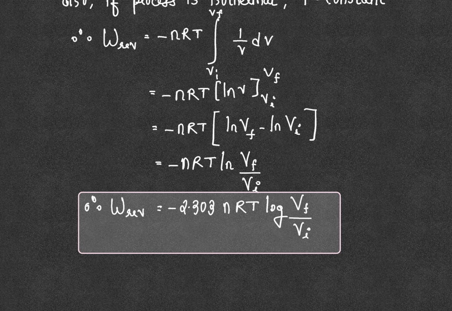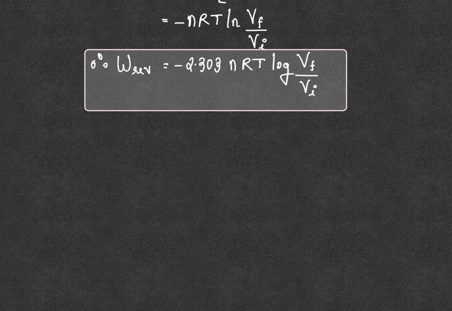So this is the first part. Pay attention. Here we have W reversible is equal to minus 2.303 nRT log VF upon VI. Is this okay, clear? Will it be understood properly? All right.